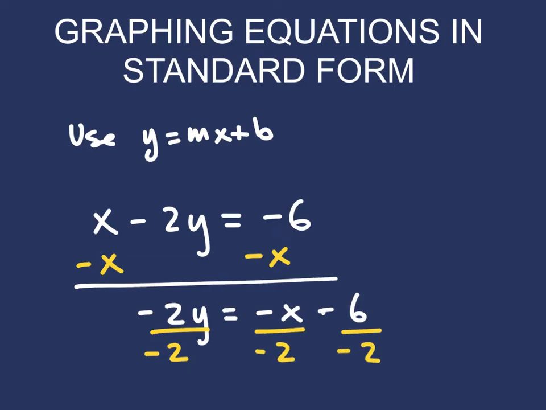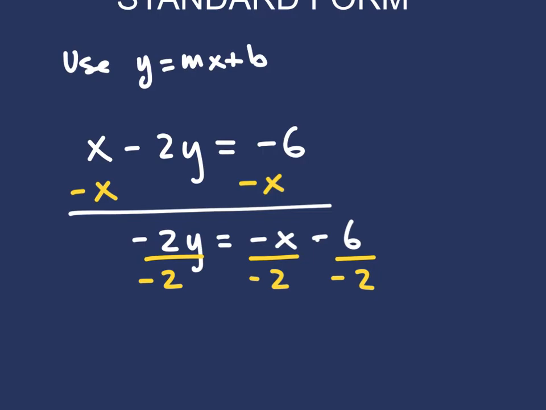Then we get that y is equal to -x divided by -2. Think of this as a -1 out here. So negative divided by a negative is going to give us a positive, and 1 divided by 2 we just leave as 1/2 x. And then you've got -6 divided by -2, which is +3.